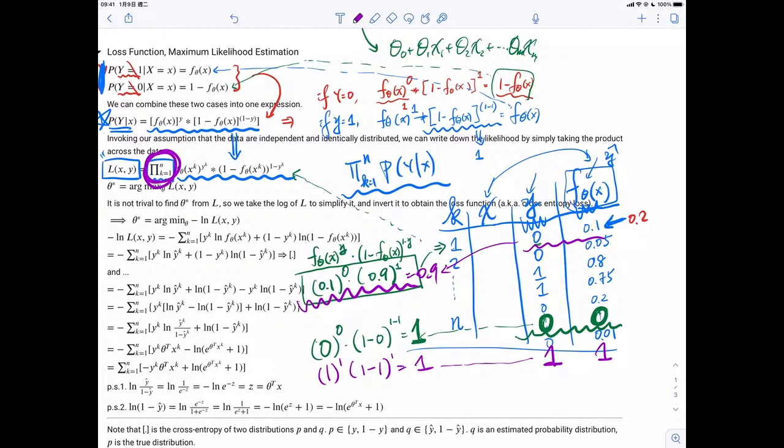So if y and y hat are perfectly the same, the multiplication would be 1 times 1 times 1 times 1 times 1 times 1, right? However, if y hat and y are not that similar, so for each row the likelihood is 0.9, then for the entire data set, the likelihood will be 0.9 times 0.9 times 0.9, and so on and so forth.